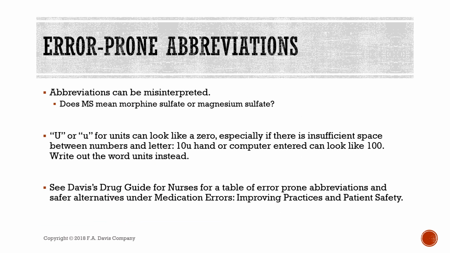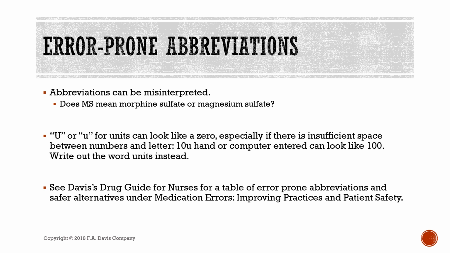When it comes to abbreviations, you always want to use approved abbreviations. There are error-prone abbreviations out there, and they could cause med errors. Abbreviations can be misinterpreted. For example, if you use MS, does that mean morphine sulfate or magnesium sulfate? When it comes to medications that do end in units, you always want to make sure you write the word out instead of just writing a U, simply because that U could be mistaken for something else.